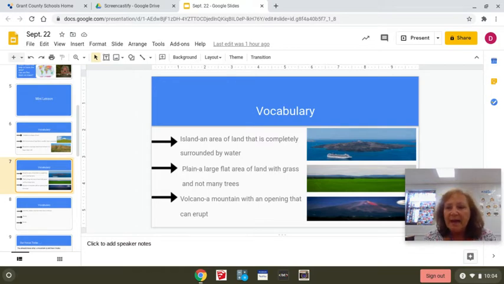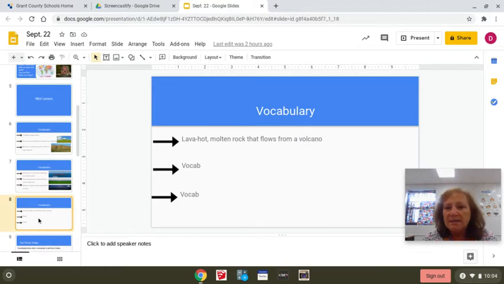And that's what makes an island so unique, that if you walked all the way around it, you would come in contact with water on all sides. A plain is a large flat area of land with grass and not many trees. A volcano is a mountain with an opening that can erupt.